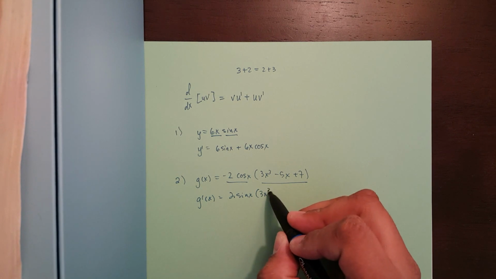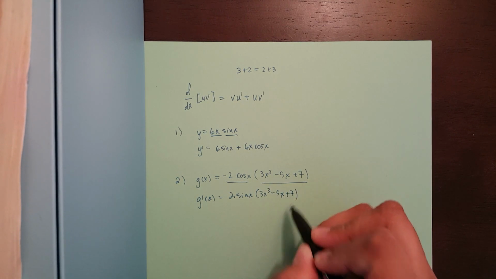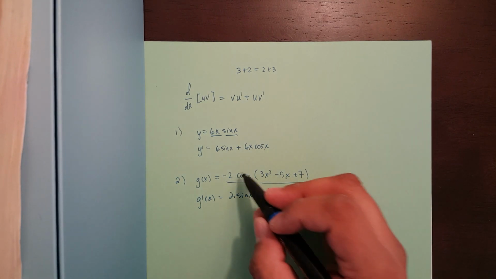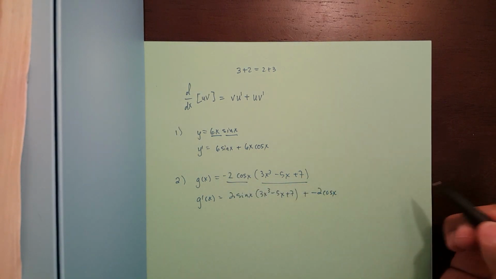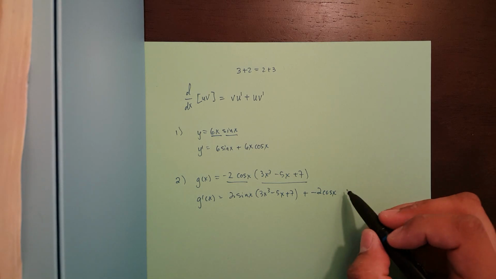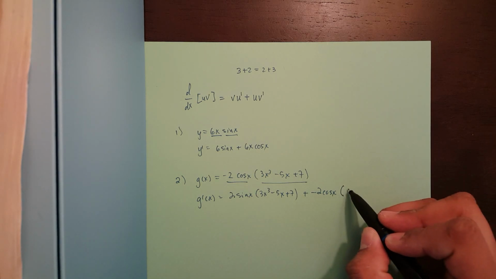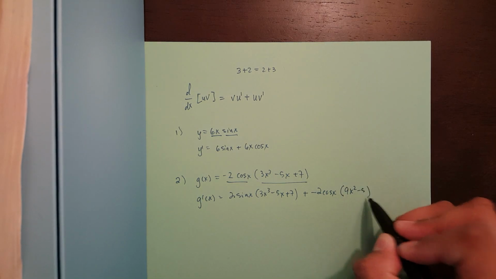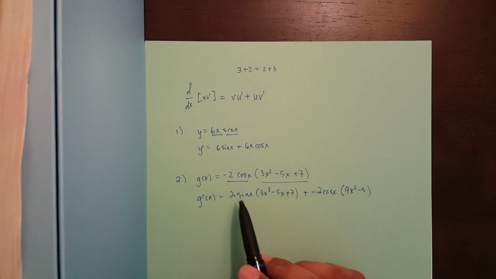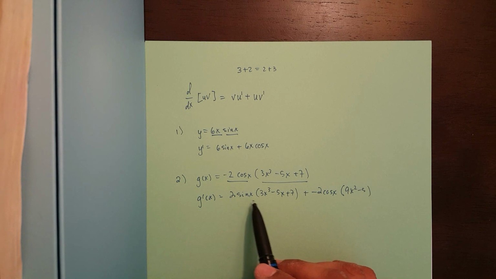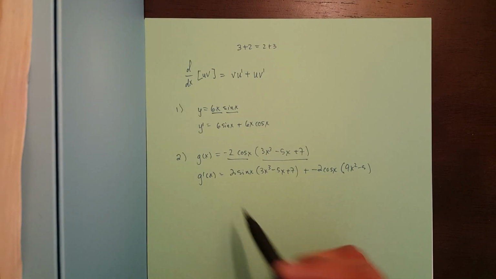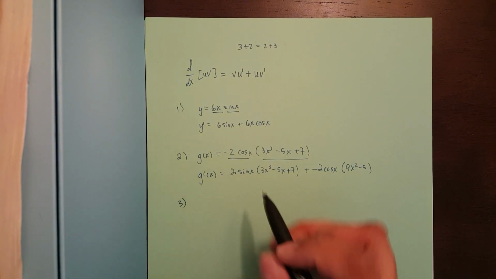And then times the original, minus 5x plus 7. And then plus, rewrite the first, so minus 2 cosine of x times the derivative of the second, which is 9x squared minus 5. And once again, you're able to factor out a 2, okay? Or you can basically just distribute, but this is the derivative, okay?